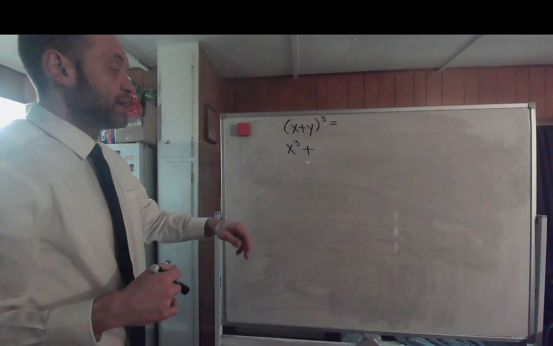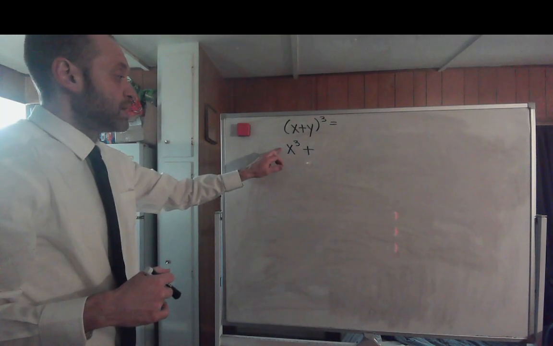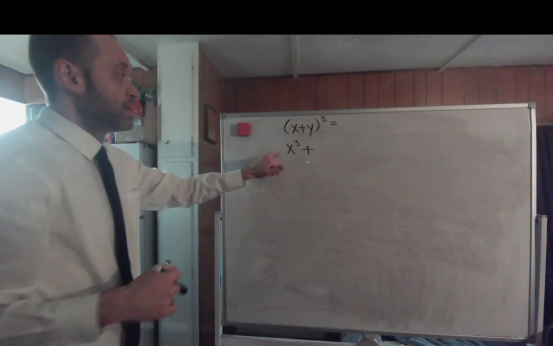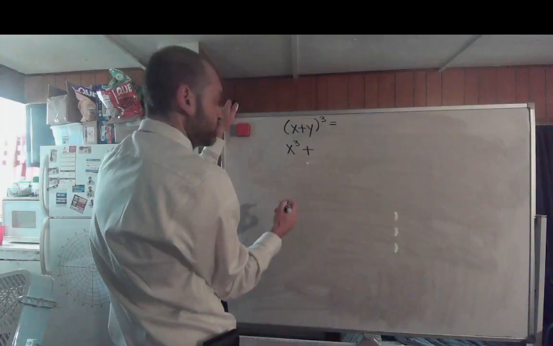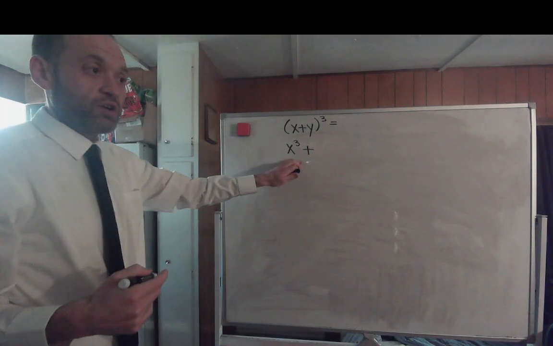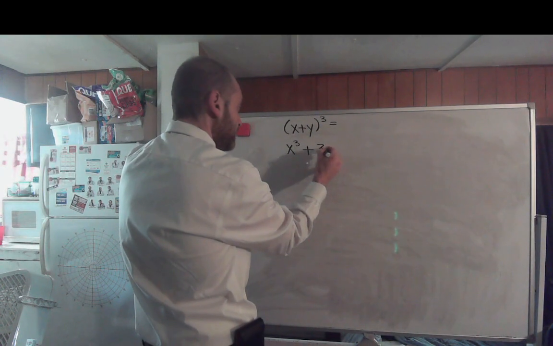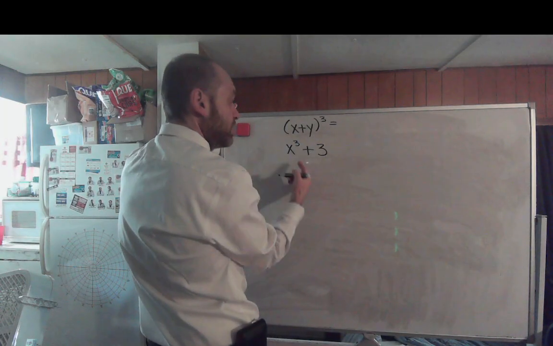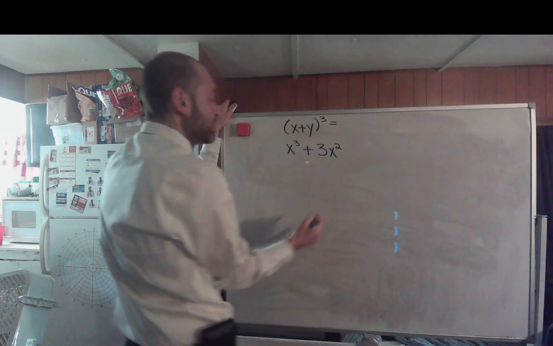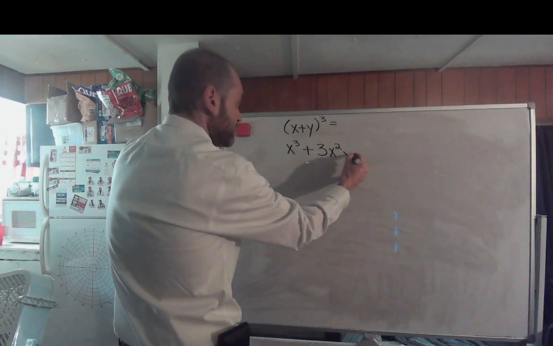I'm going to bring that 3 down in front of my x, the coefficient on the x, which is 1, so I'll just have 3 times 1, divided by the current term number I'm on, which is 1, so that would just give me 3. Then I will lower my x power 1 degree, which would put me at x squared, times my y power to the first, which would just be y.